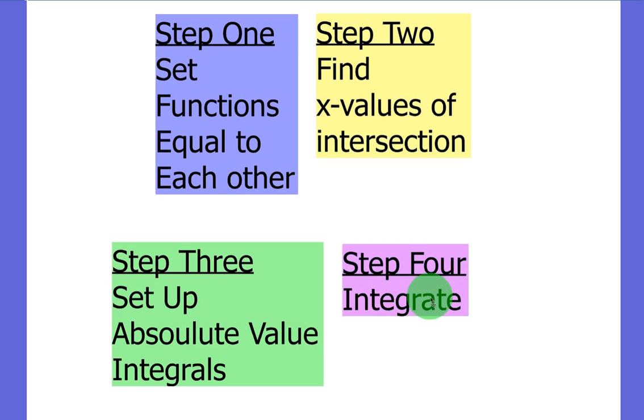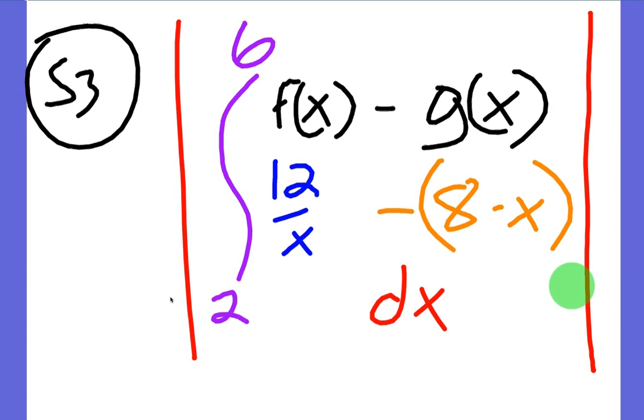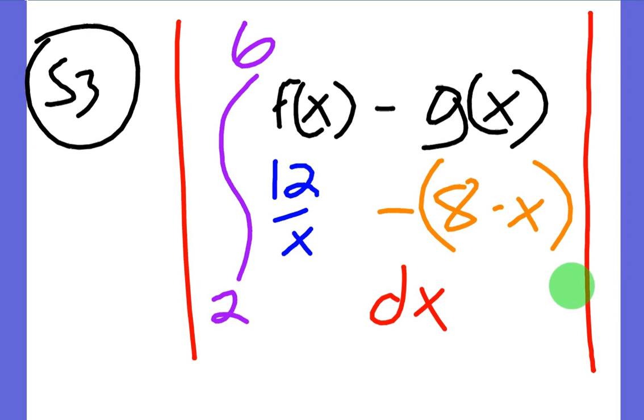Now we can move on to step 4, which is to integrate. So that's what we're going to do now. Okay, so how do we integrate this function? Well, again, we're going from 2 to 6. Now, I didn't really talk about that before, but this is where these two graphs cross.